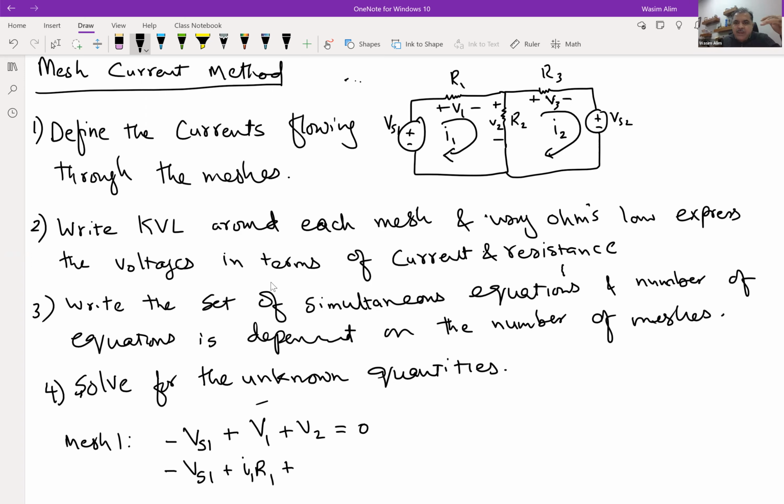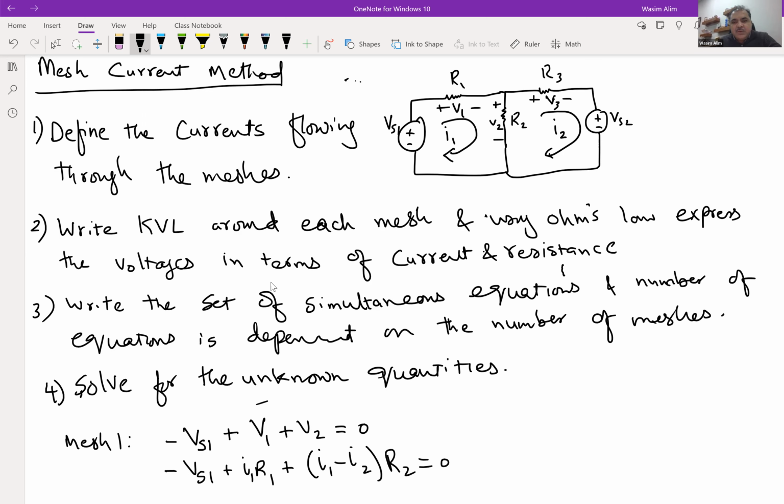One is going clockwise, the other one is going counterclockwise, so of course they are going in opposite directions. The difference of the 2 currents is what flows through the R2. So then we can say that it is I1 minus I2, R2, is equal to 0.